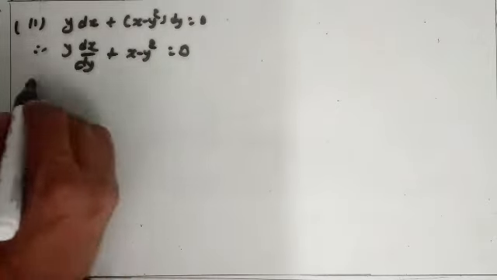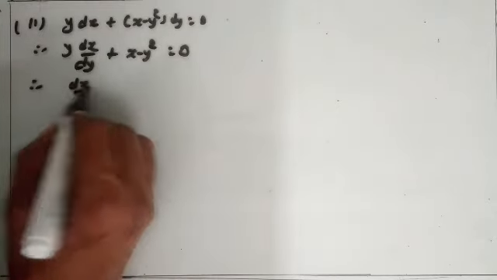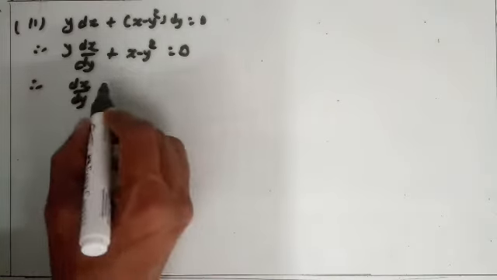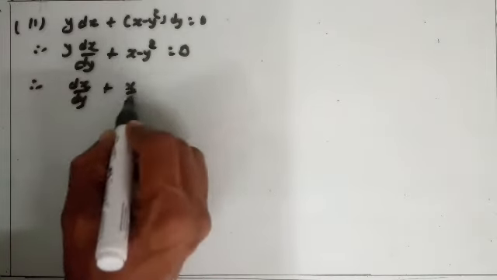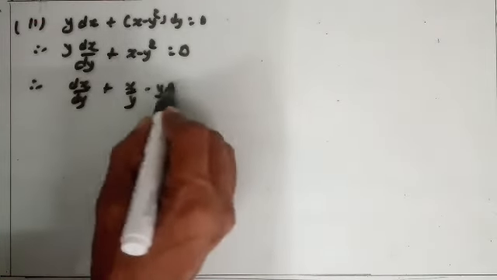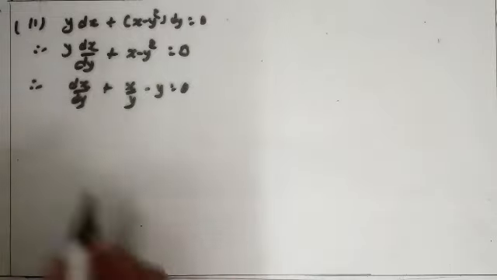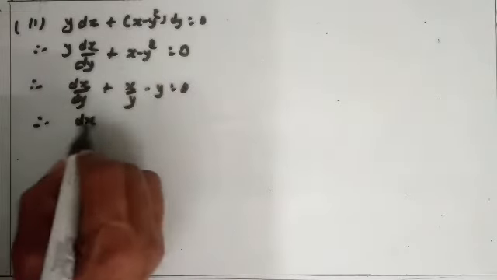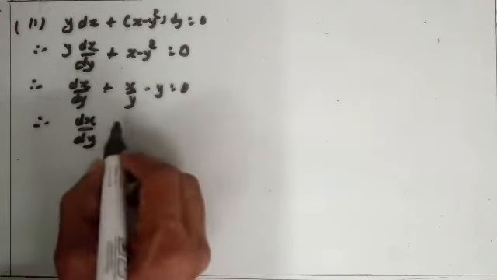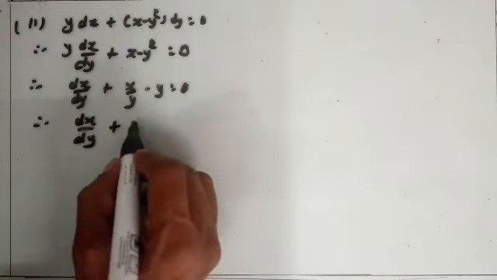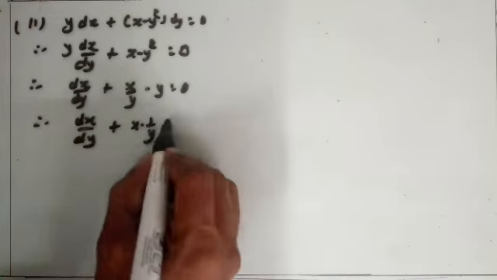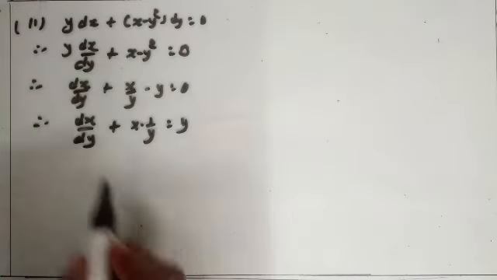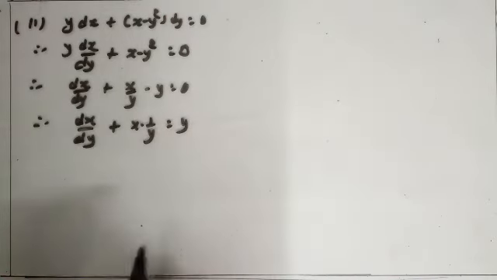Now dividing by y, we get dx/dy plus x upon y minus y is equal to 0. Y take this side, so we get dx/dy plus x into 1 upon y is equal to y. Here this becomes a linear differential equation.